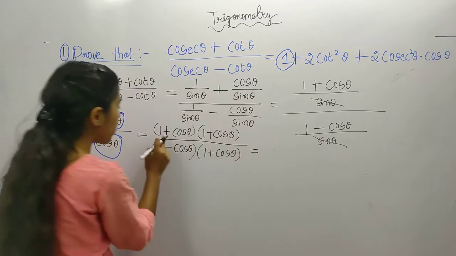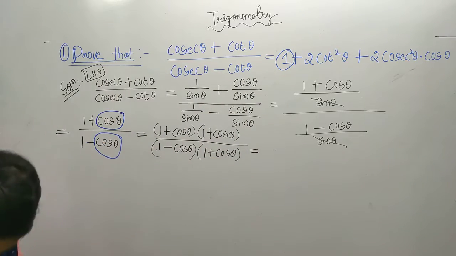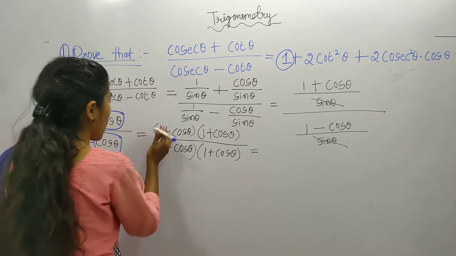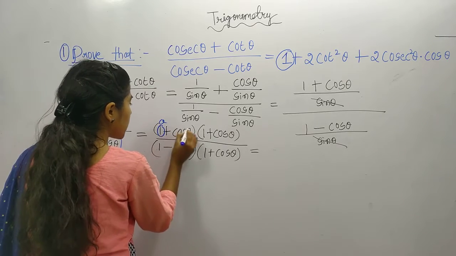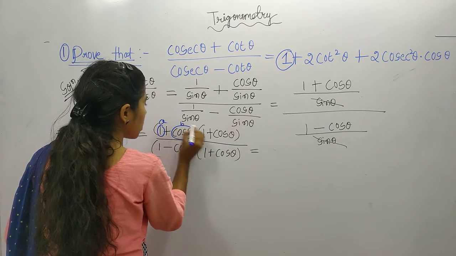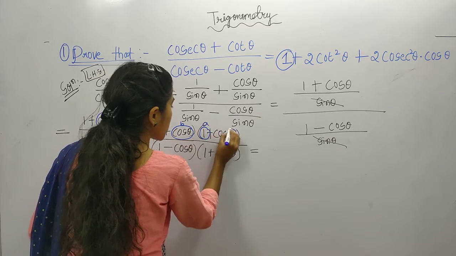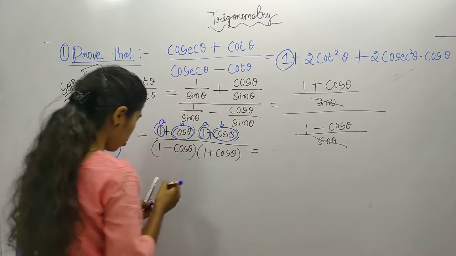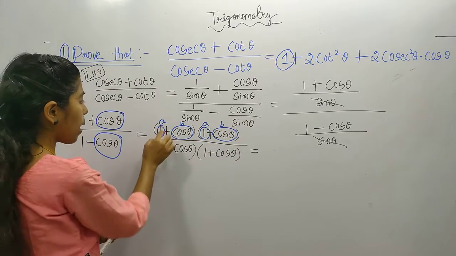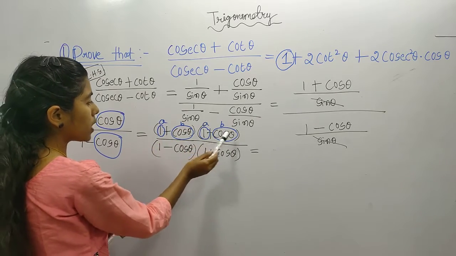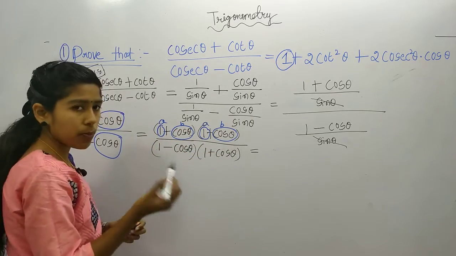Next, let this be A and this be B. This is also A, this is also B. So what will happen? A plus B into A plus B, A plus B whole square.